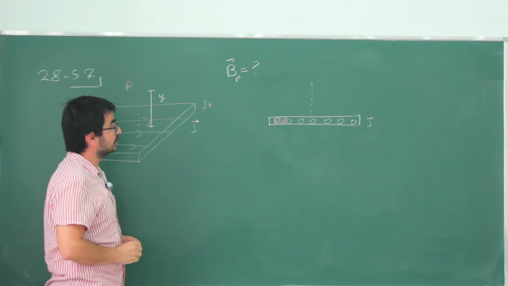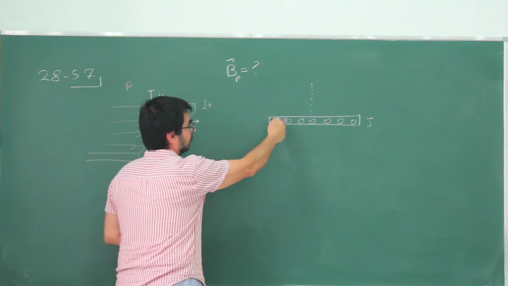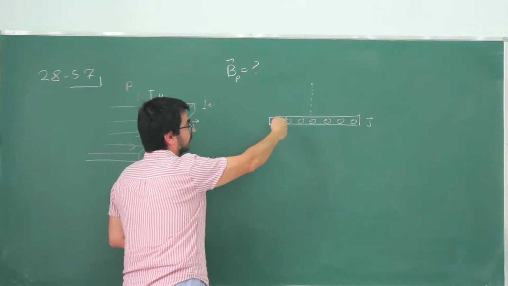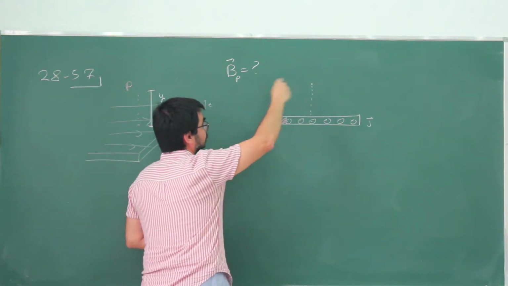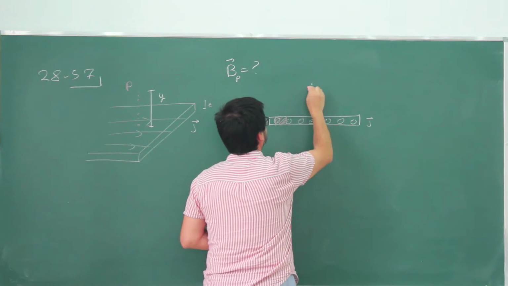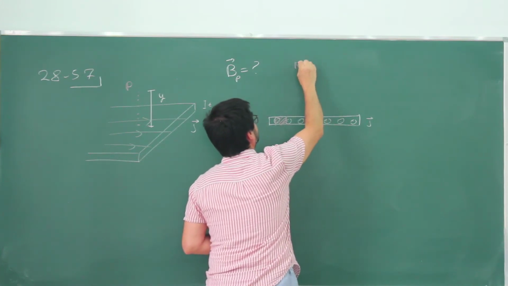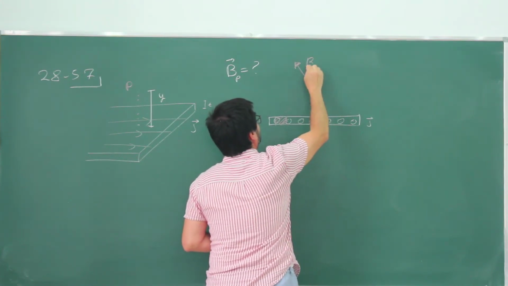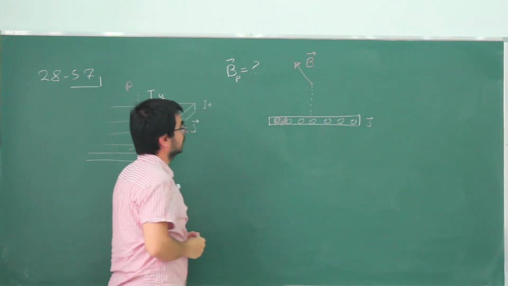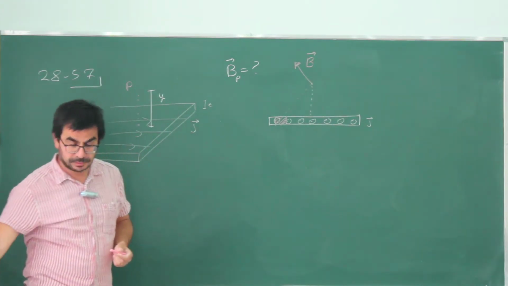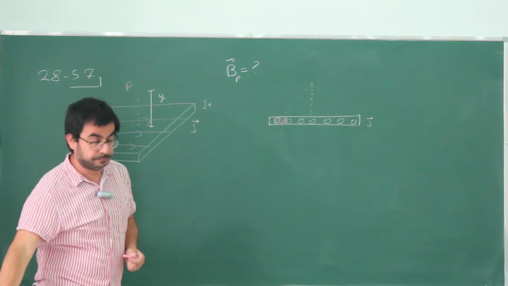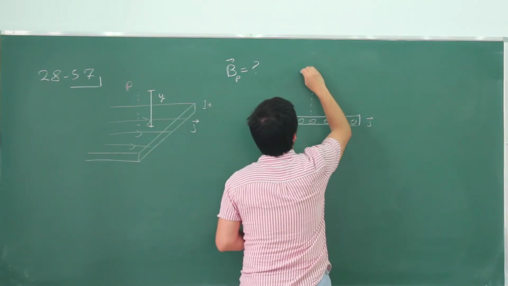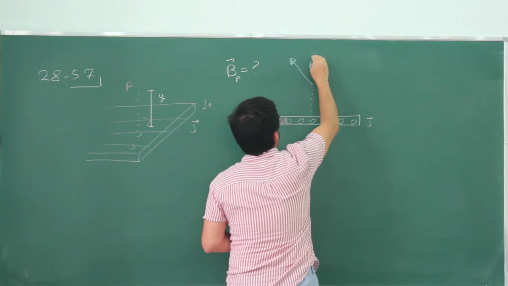This is now like an infinite line of current, and I know what its magnetic field looks like. It looks like a circle, so the field at P is going to be perpendicular to the line connecting the current and P. I have been using blue for magnetic field, so I'll stick to that. So this is the magnetic field.